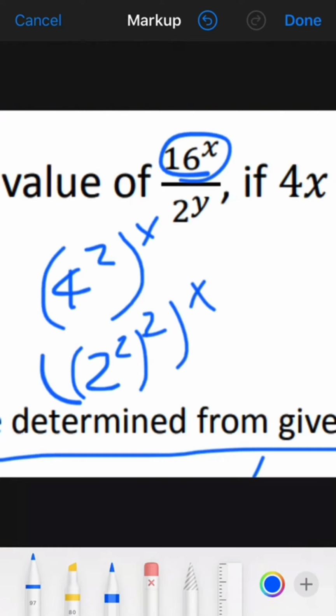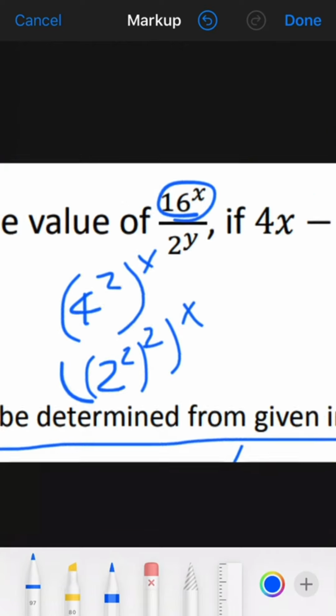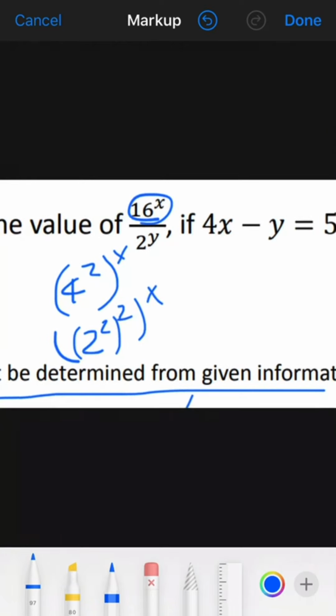I don't know if you remember this from Algebra 2 or not, but when you have one exponent raised to another exponent, you can simply multiply those exponents. So in this case, we've got 2 to the power of 2 to the power of 2, and 2 times 2 is 4, to the power of x, and then 4 times x is 4x.